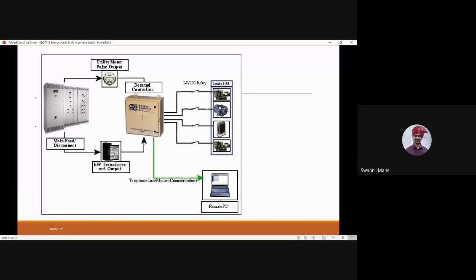This is one unit. This unit will see how much power is being utilized, and remotely it will monitor and supply only that much power which is required for the utilities. Otherwise, if the motor is not working and the power supply is there, it will still consume some power, which is called no load power.